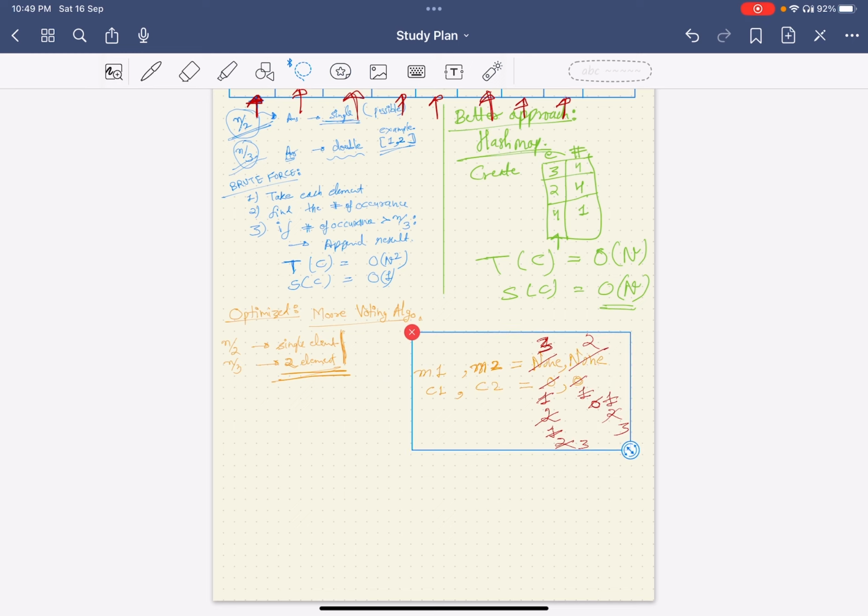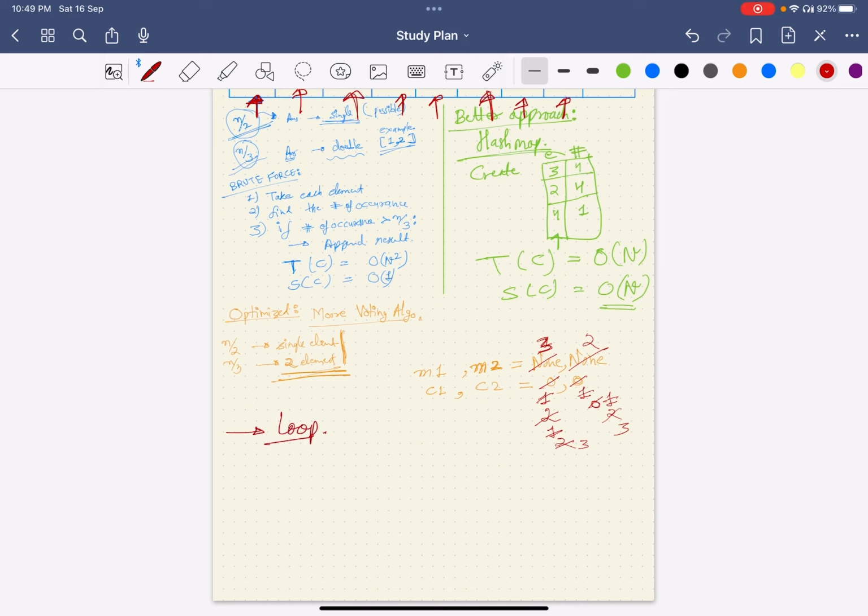To complete my validation, I will run a loop once again from start to end, and I will count how many times m1 and m2 are present within my array, and if that count is greater than n by 3 times, I will append that element to my result, and at the end of the day I will return it.